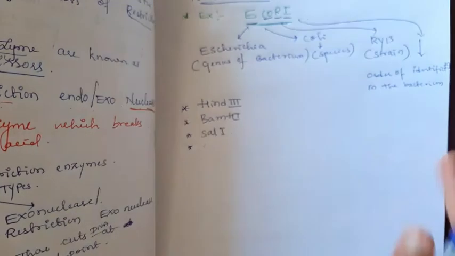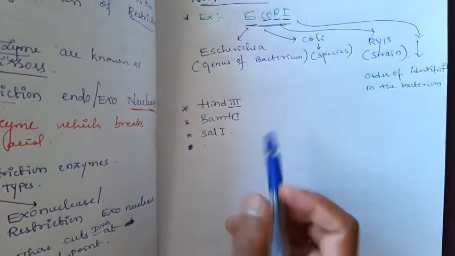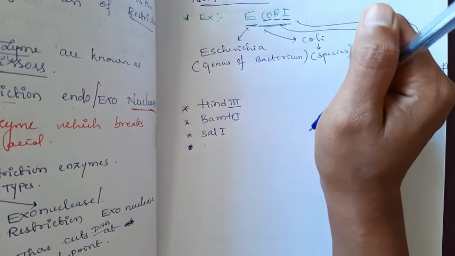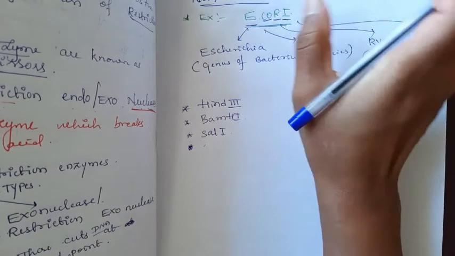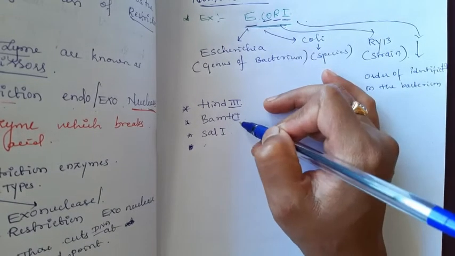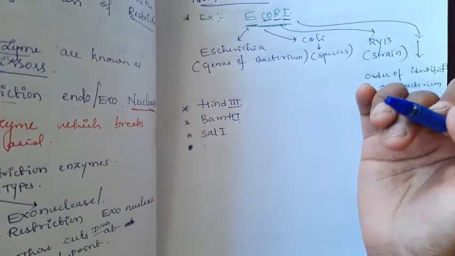I think this much is enough for you students. These are the most familiar restriction enzymes: EcoRI, HindIII, BamHI and SalI.